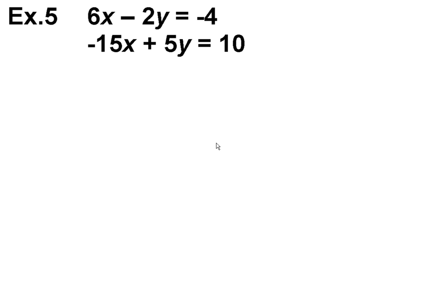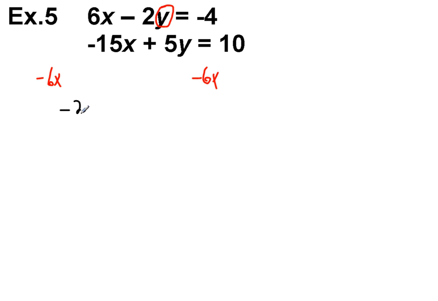All right, so with number 5, I'm going to do this following the same steps. I need to get one of these letters by themselves. You can choose any of the 4 choices. I'm going to choose this y that goes with the first equation. I'm going to put that by itself. So I'm going to subtract the 6x. I'm going to take minus 6x and minus 6x and then rewrite it.